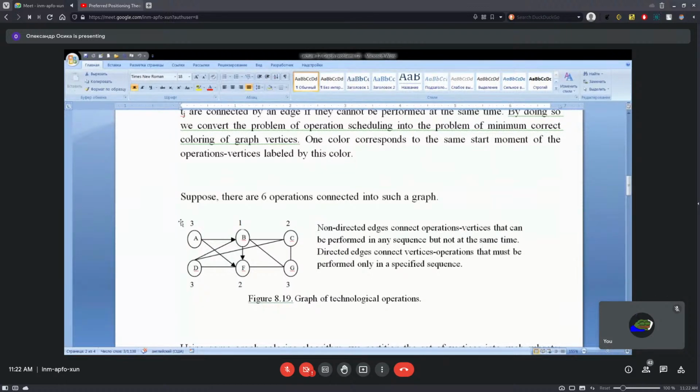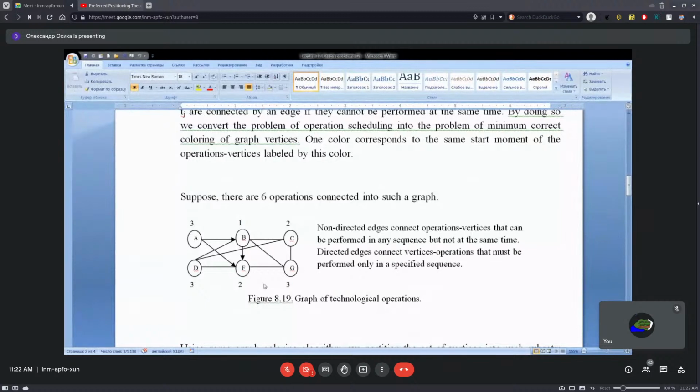For example, at an industrial plant, at some department or workshop, they have to make a certain amount of operations to complete the plan of production as soon as possible.